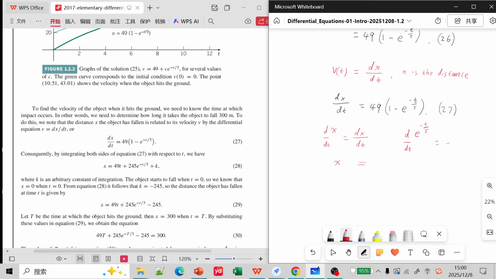So the first part should be itself, and then we take the derivative of this exponent term. The result is minus 1 over 5.